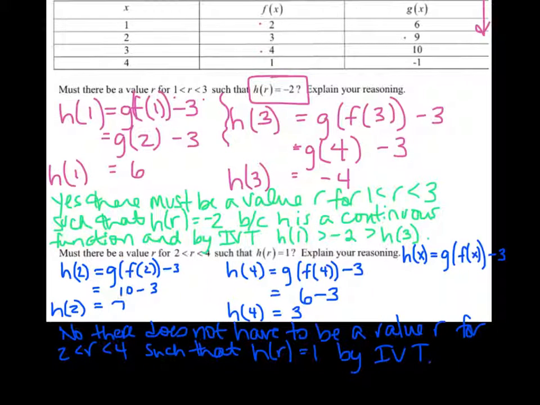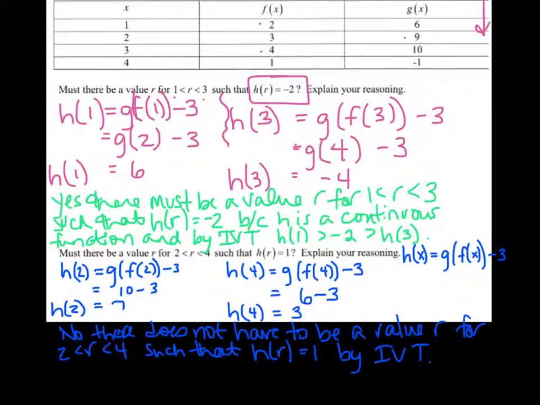I got 10 minus 3, which is 7. And then g of f of 4 minus 3. G of f of 4 was 6, minus 3 is 3. So I looked at those outputs, those y values, those heights, if you will, 3 and 7, and I said, is 1 going to fit in between there? And I definitely can conclude that no, it does not have to fit in between there.